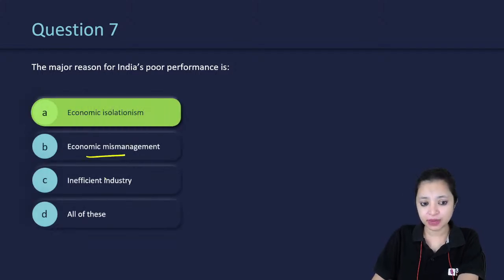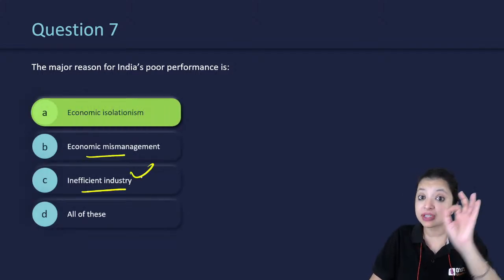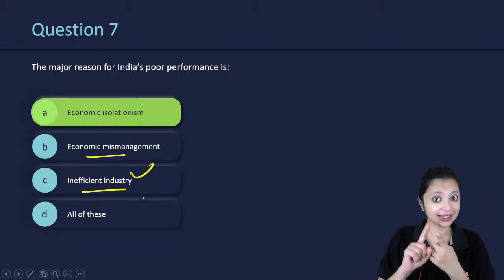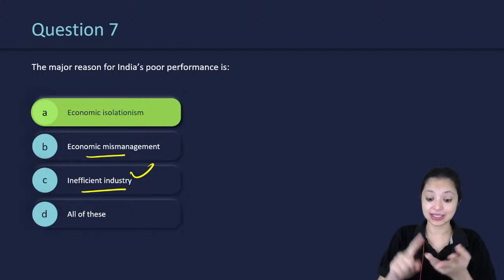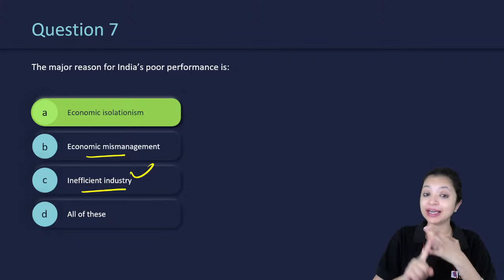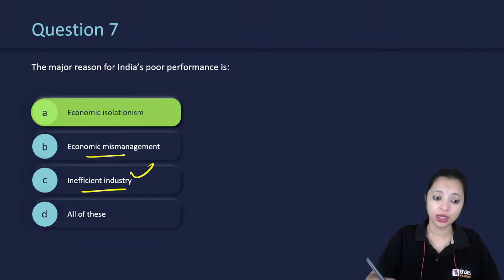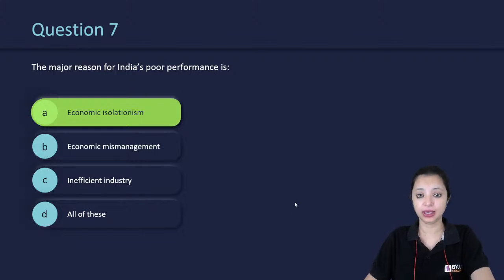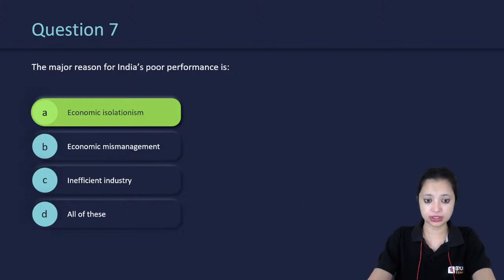Not economic mismanagement or inefficient industry. Our industry was very, very efficient. You remember the author praised that industry, we had industry sense, we had business sense, we had better infrastructure than most of them, yet we failed. So it cannot be C for sure. It's isolationism. So our correct answer here is A.